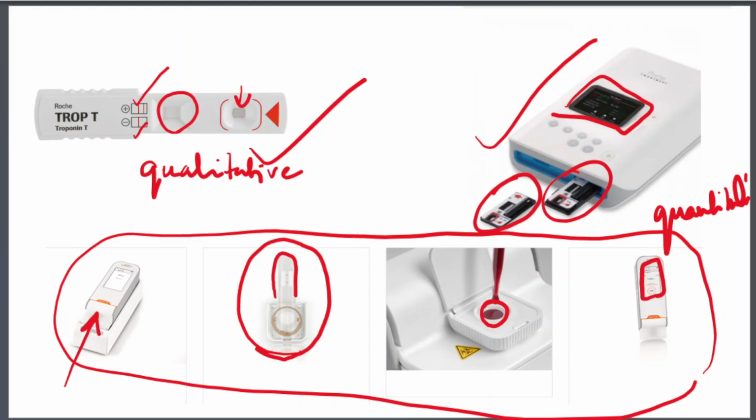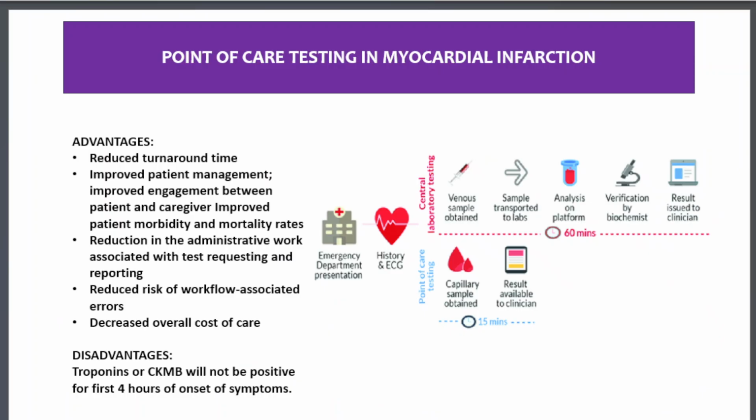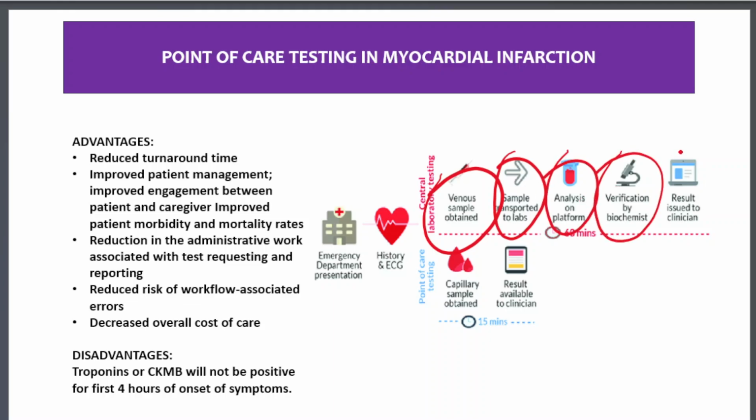And what are the advantages of using POCT in MI? Of course, central lab testing takes so many processes. First you have to obtain the venous sample, then it has to be transported to the lab, and analysis has to be performed. It has to be verified by the consultants, and then the report has to be issued, and only then will they decide on the treatment.